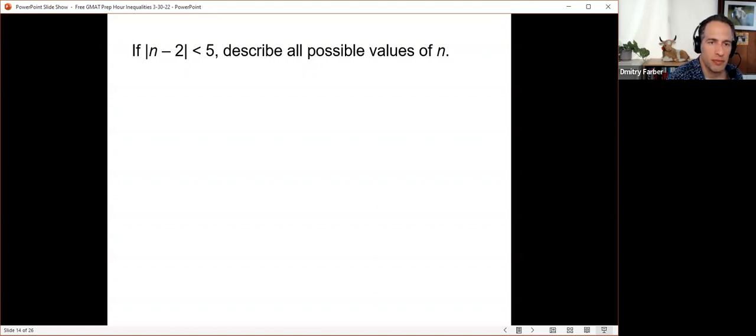A couple of things I can do. One is to keep in mind that anytime I am dealing with an absolute value, there are two possibilities. One is that the underlying thing I'm being asked about was already non-negative, already positive or potentially zero. In that case, I can just take the absolute value off, it doesn't matter.